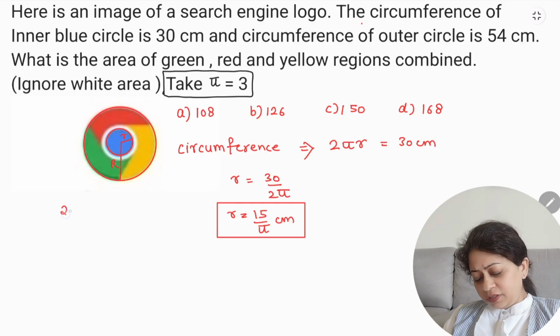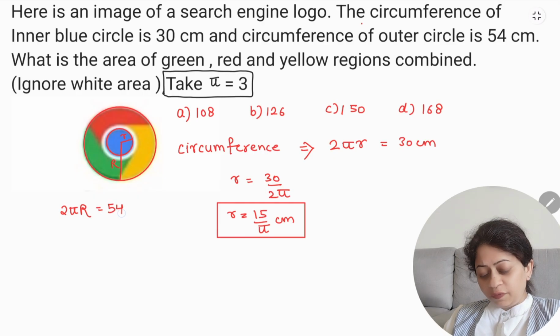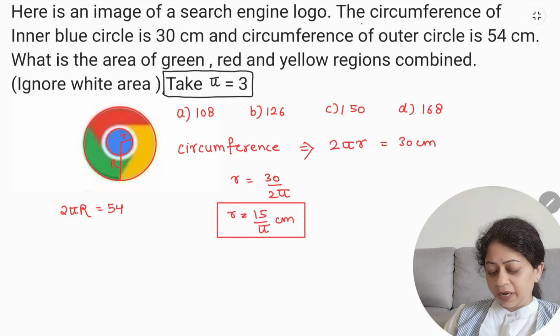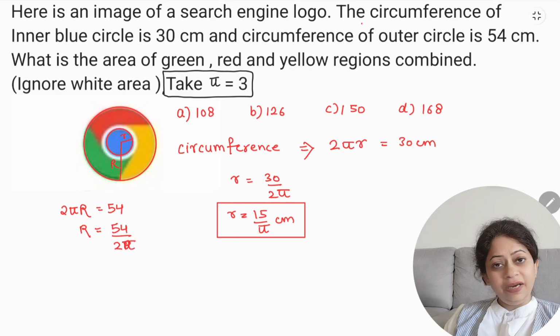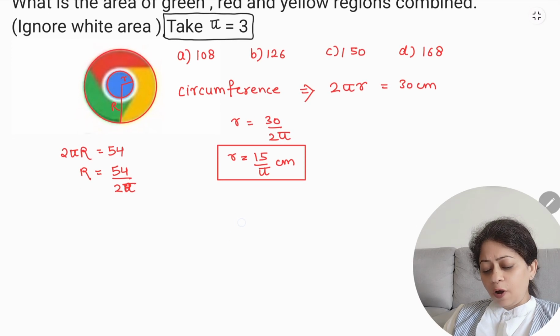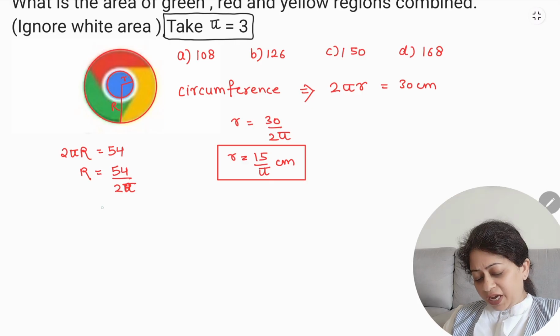So it means we are given 2 pi capital R is equal to 54 centimeter, right? Then here as well I will figure out what R is. It is 54 by 2 pi, right? For now I am not substituting pi, I am just writing it as pi. 54 by 2 will become 27 by pi.